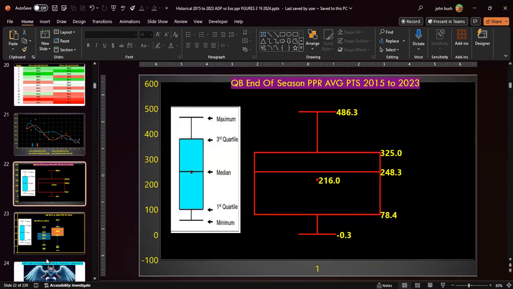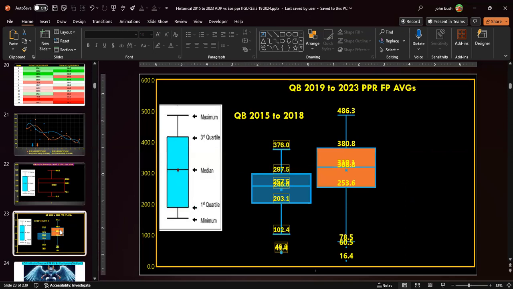And then if you looked at the old box and whisker overall, and then look at the last, I kind of cheated a little bit, went 2019 to 23. Here's the box and whisker versus 2015. Wow. Yeah, big difference.